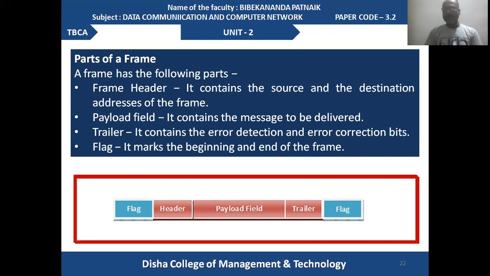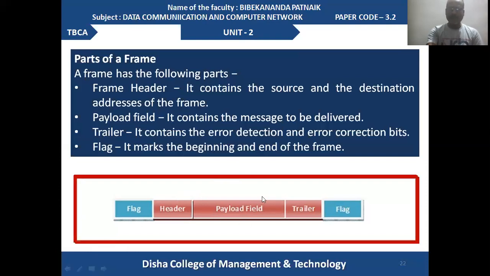And the last one is called the flag. The flag marks the beginning as well as the end of the frame. The flag is normally an 8-bit frame delimiter, placed at the beginning and at the end of the frame. So every individual frame must start and end with the flag, and after that comes the header, which contains, as I said earlier, the source and destination address of the frame.